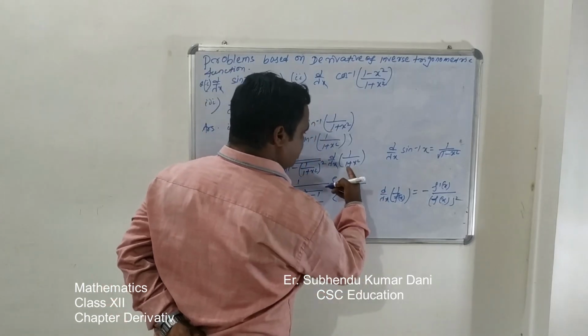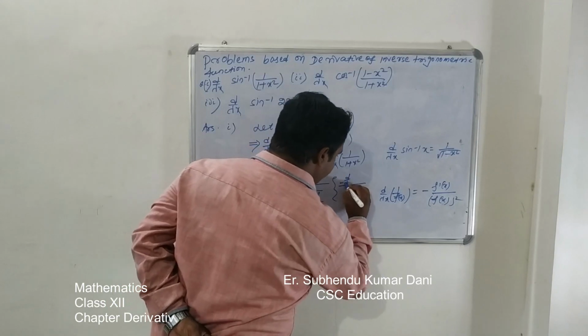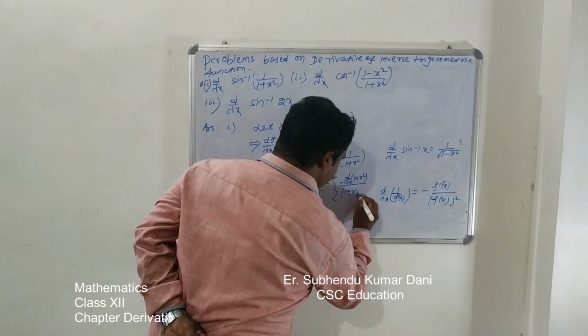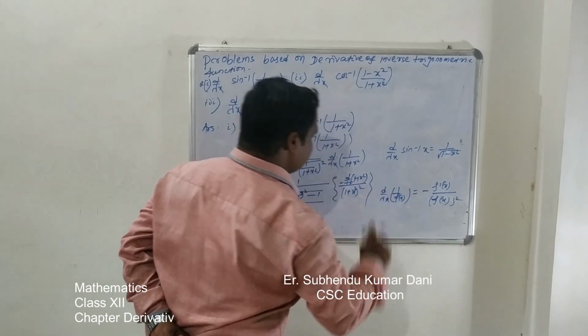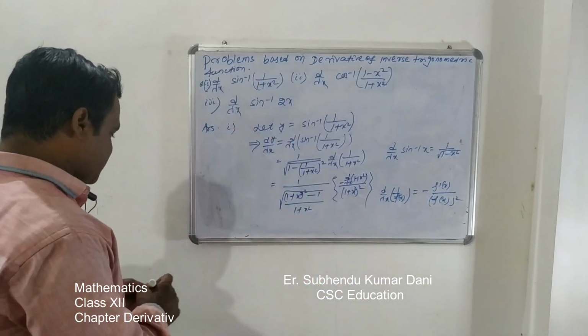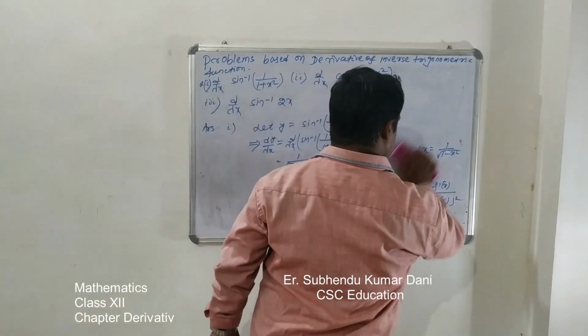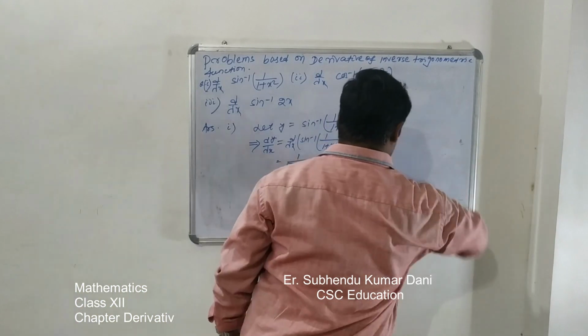minus the derivative d by dx of 1 plus x square, the square root of x. Okay, alright. Solve this now, we get your result.